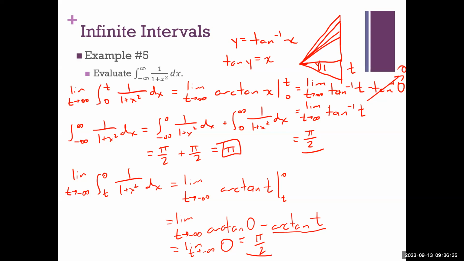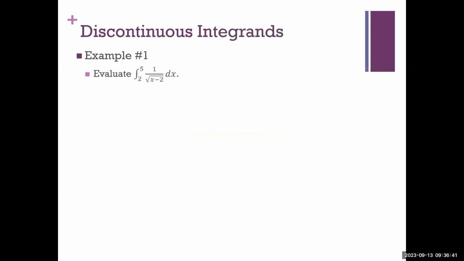Anything else about this example here? How about this thing? Why is this thing being classified as an improper integral? I don't have infinity in either one of my bounds.